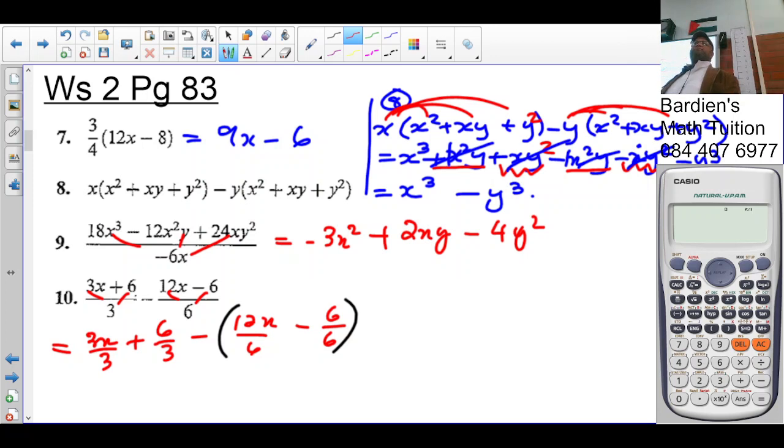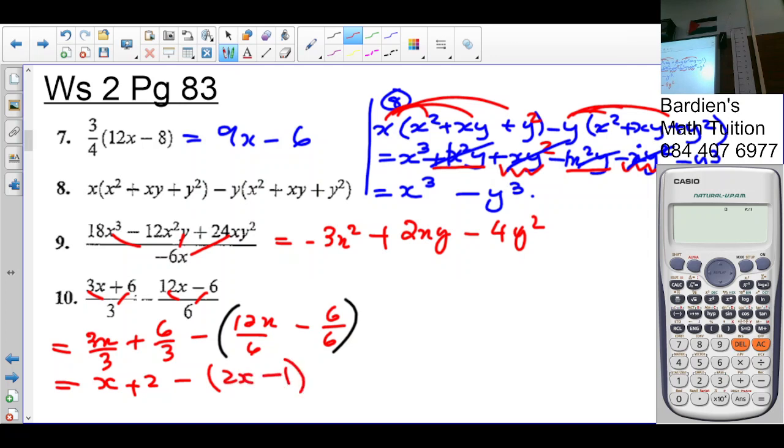Not so? That now gives us 3x over 3 gives me x, plus 6 over 3 is 2, minus 12x over 6 is 2x, minus 1. Not so?